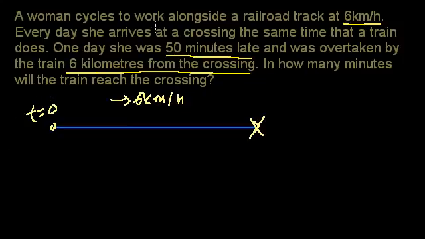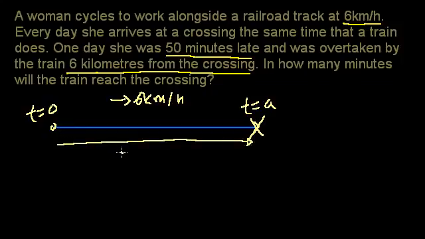It doesn't tell us how long it takes her or how far she travels. So let's say she arrives here at t is equal to a hours. We'll do time in hours since we're in kilometers per hour. So this path takes her a hours to travel.